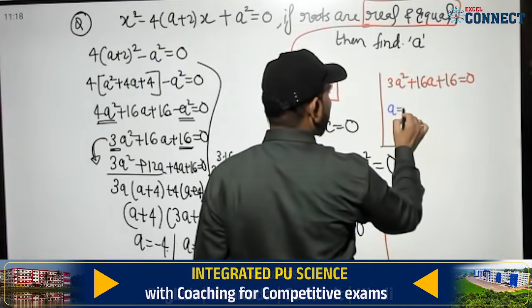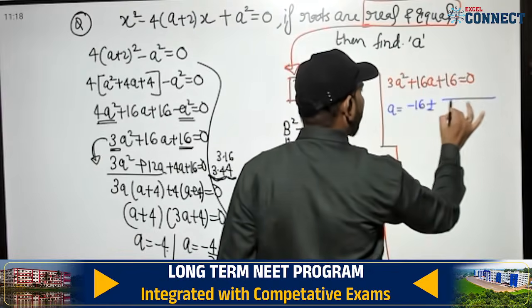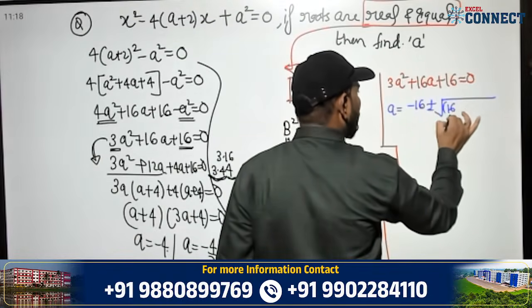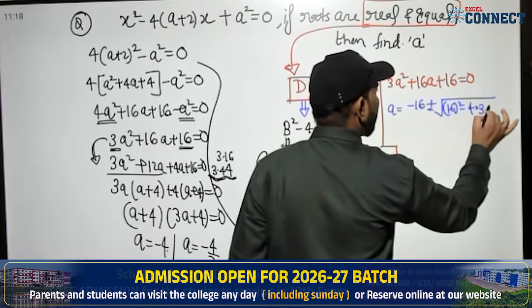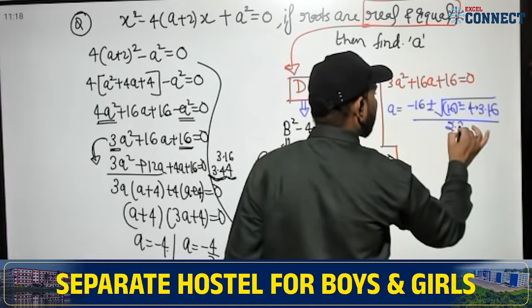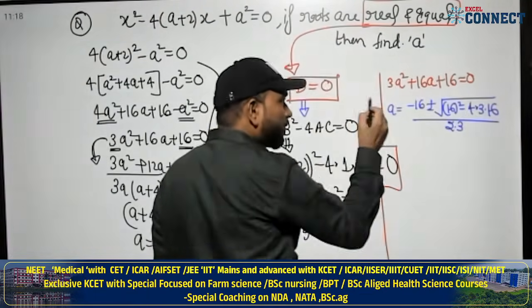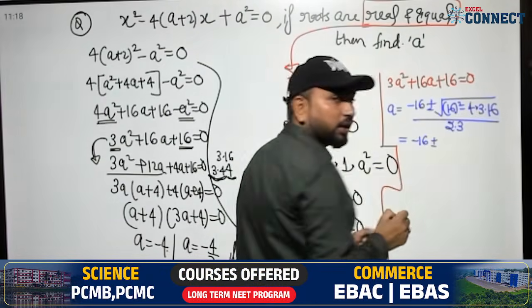Yes, tell me, a is equal to minus b plus minus under root of b square, that means 16 whole square, minus 4 into a, which is 3, into c, which is 16, divided by 2 into a, which is 3. Now we can do one thing. Minus 16, see here.